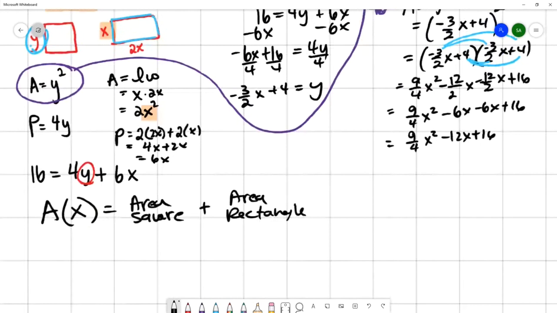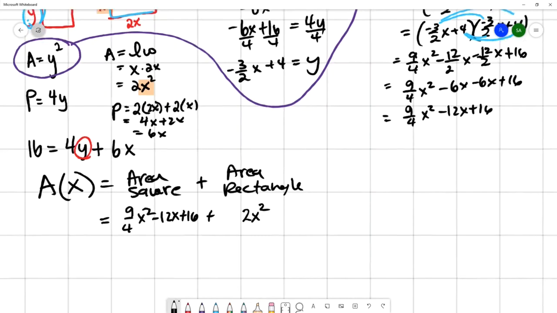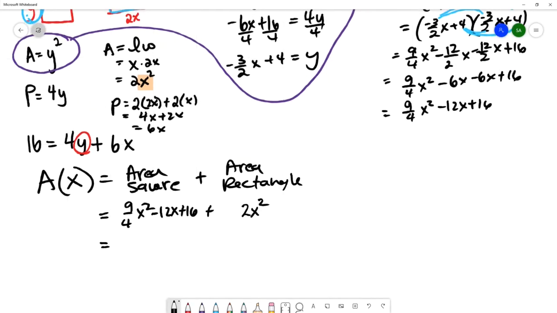And I've just worked out the area of the square. That's 9/4 x squared minus 12x plus 16. And the area of the rectangle is 2x squared. Let's add those together. So let's write 2x squared with a denominator of 4. And that would be 8/4.